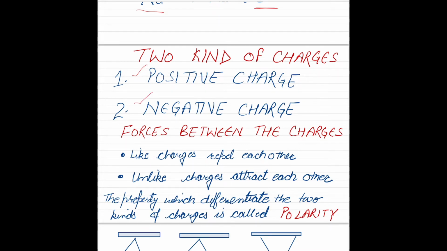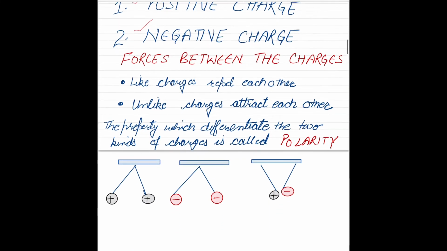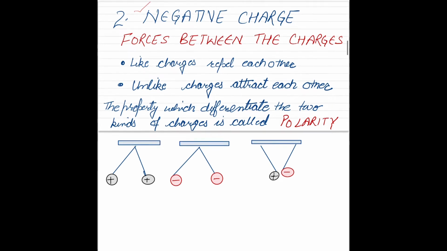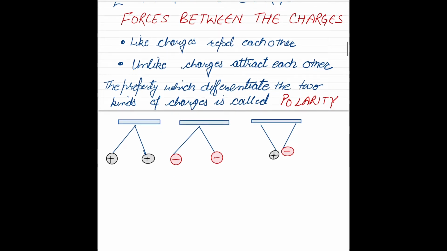So charges are of two types, and what are the various kinds of forces between the charges? If you have like charges, for example, we choose two like charges, positive and positive. These are like charges because they both are positive, so like charges repel each other.